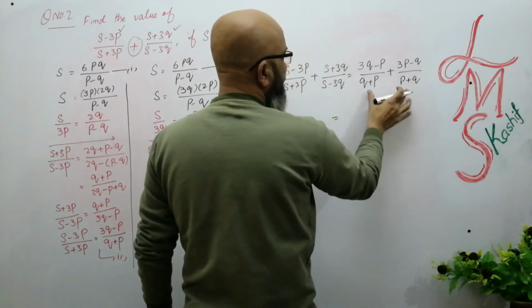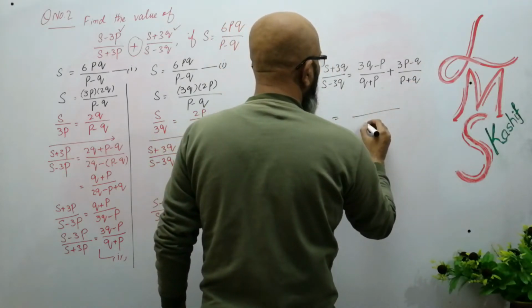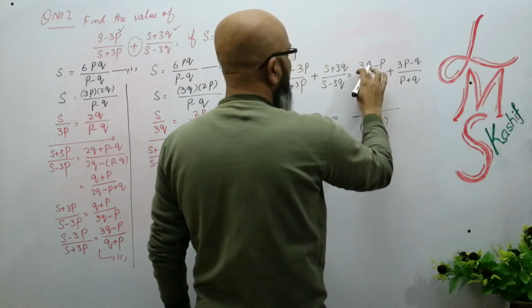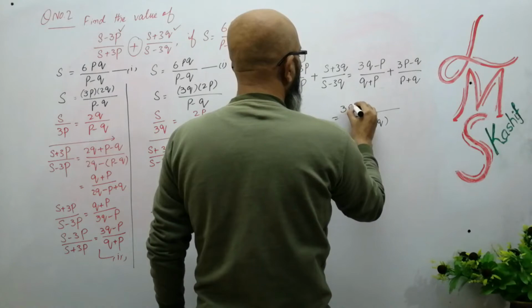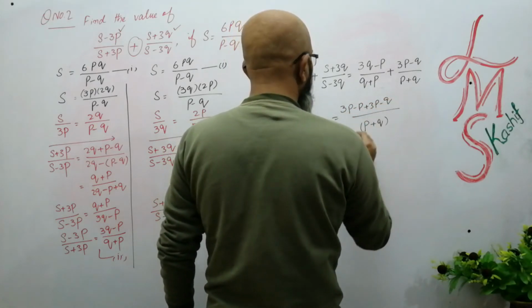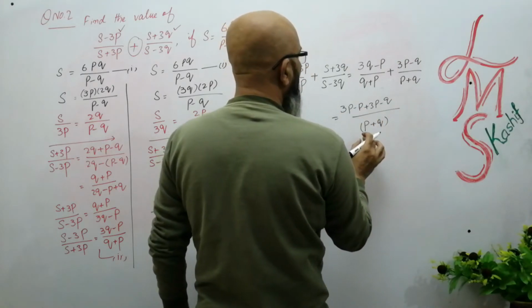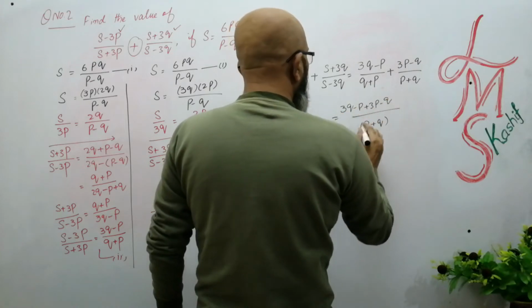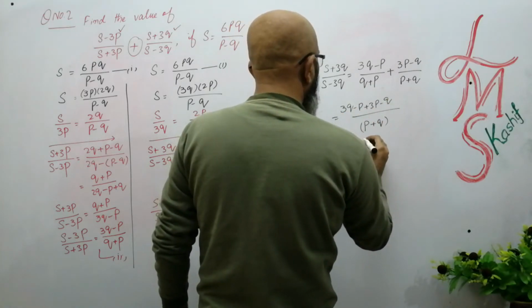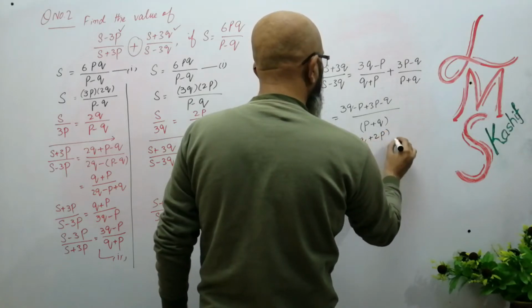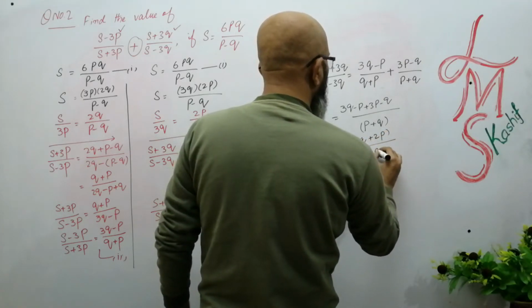So denominators are same, so you can add. p plus q or q plus p is the same thing. So 3q minus p plus 3p minus q, while solving we will get 2q plus 2p over p plus q.